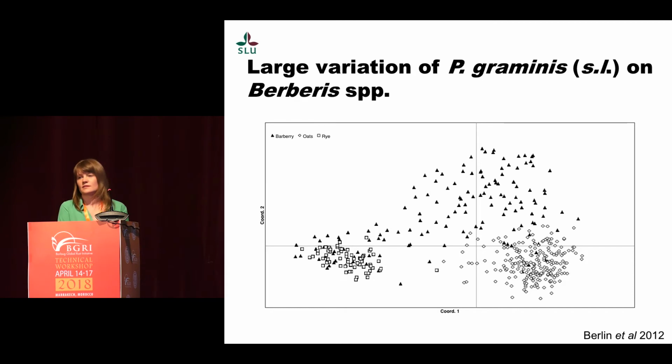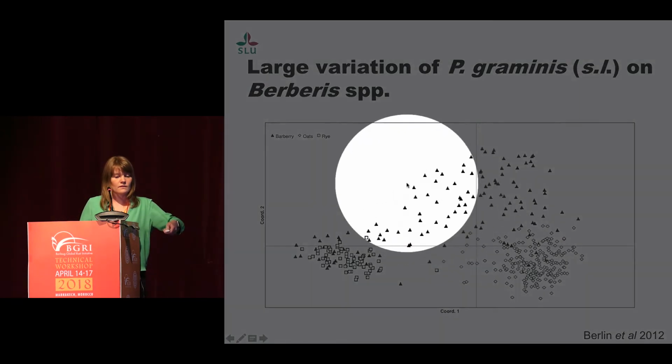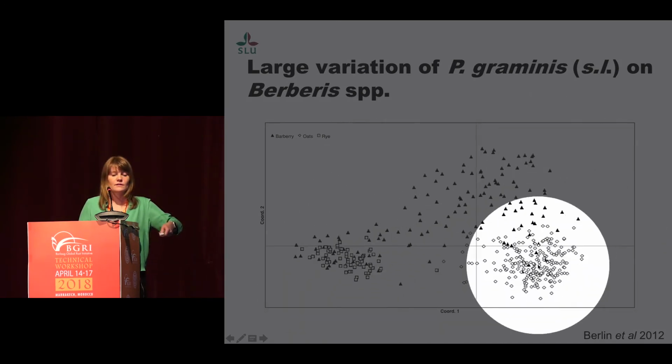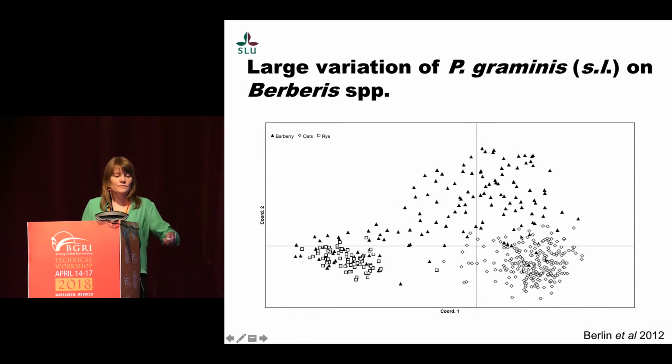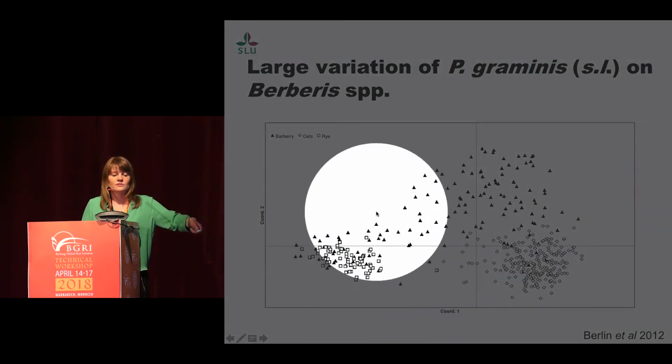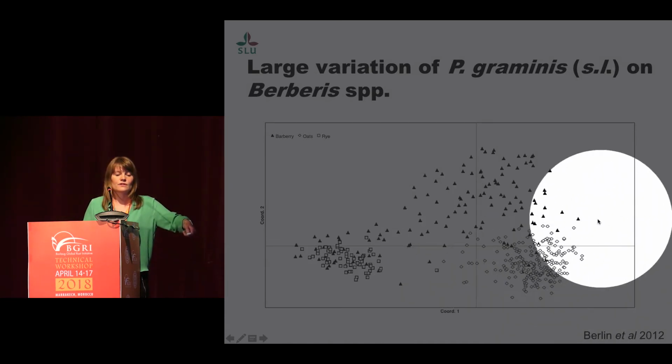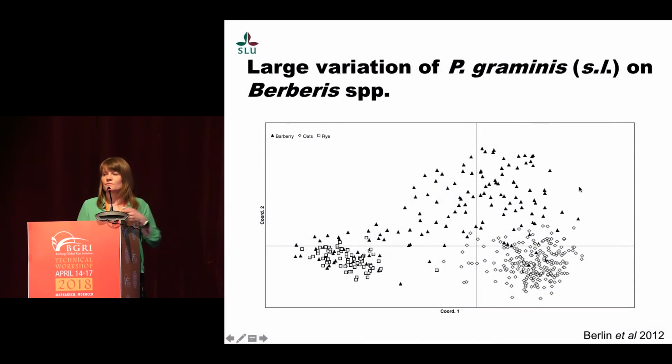In my thesis, I looked at the variation using microsatellite markers on the different hosts. If we look at this big cloud here, those are the samples collected from barberry. Here in the little corner you have samples collected from rye, and in this corner samples collected from oats.